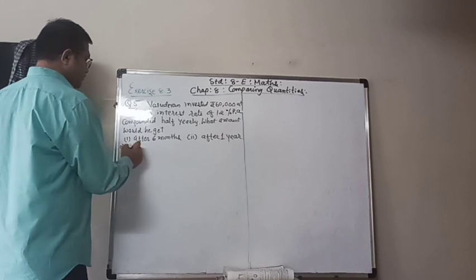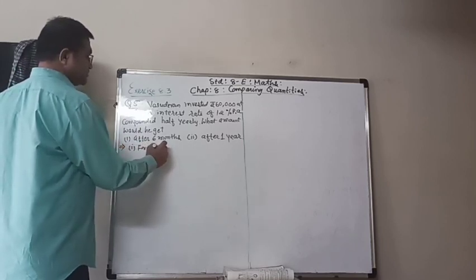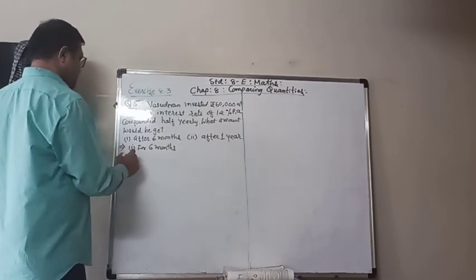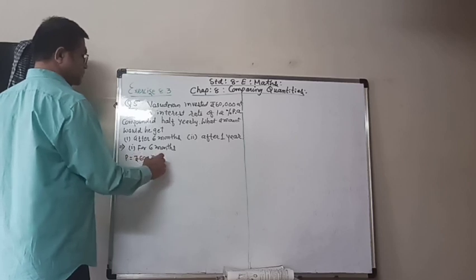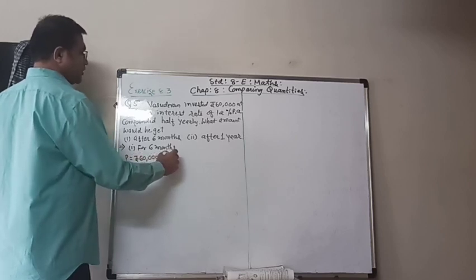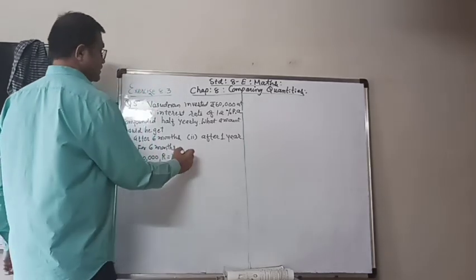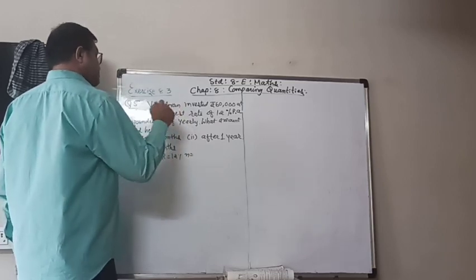So first of all, we will find it for 6 months. So here P is equal to rupees 60,000, R is equal to 12%, and N is equal to 6 months.